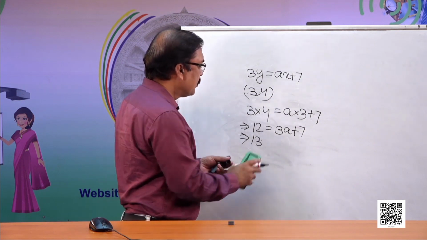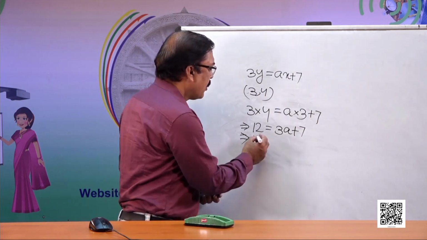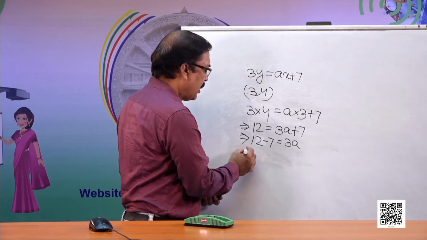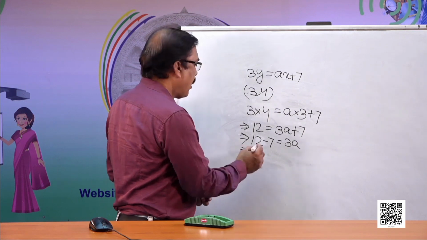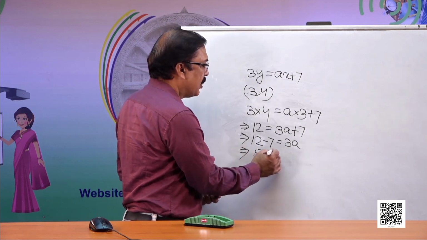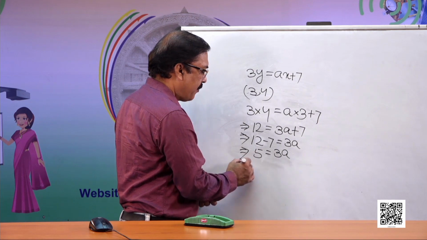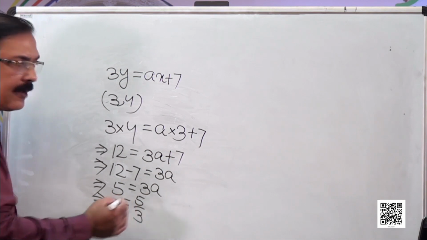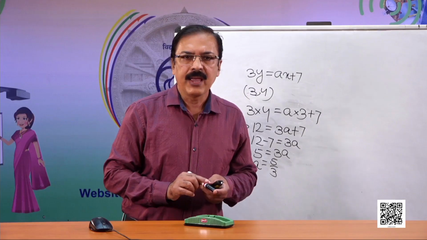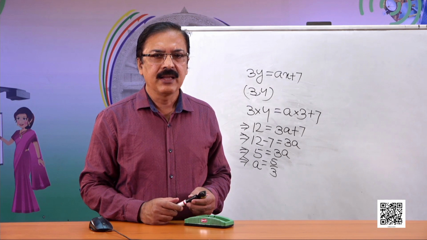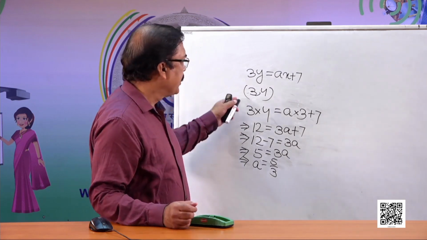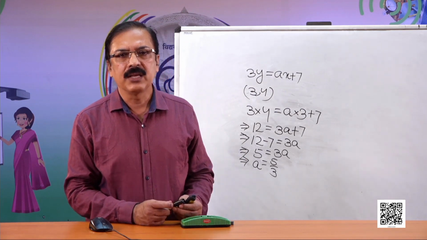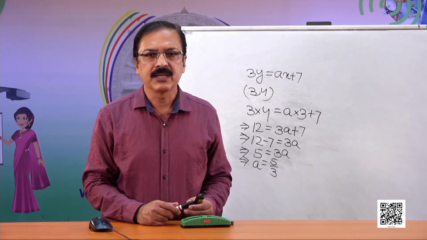This gives 12 minus 7 is equal to 3a. That gives 5 is equal to 3a, and from this we get a equal to 5 by 3. So for a equal to 5 by 3, the point 3, 4 lies on the graph of this equation.